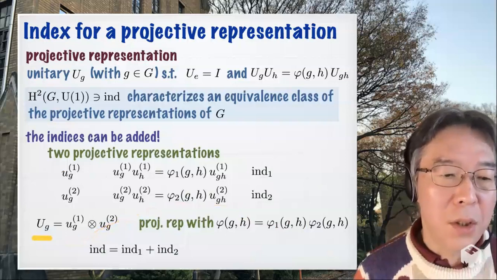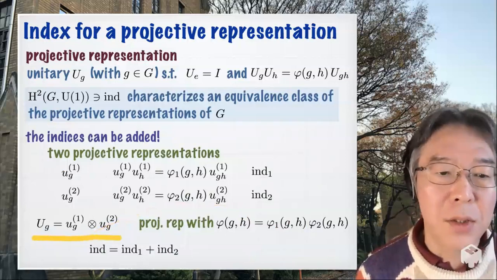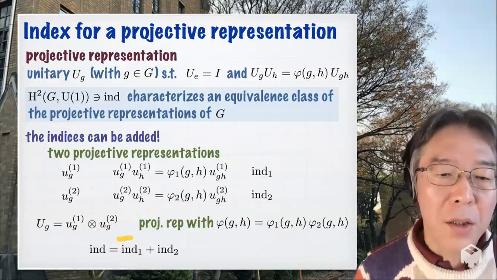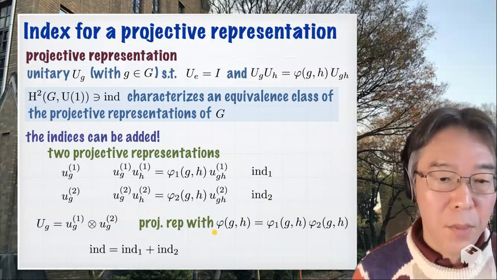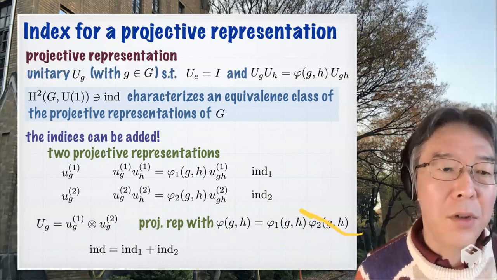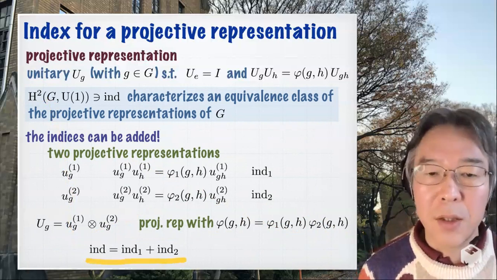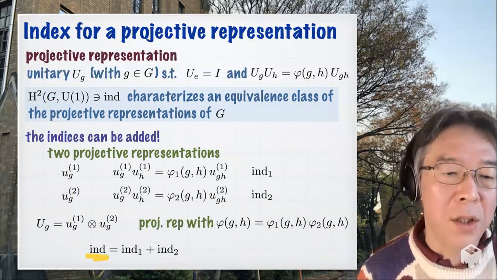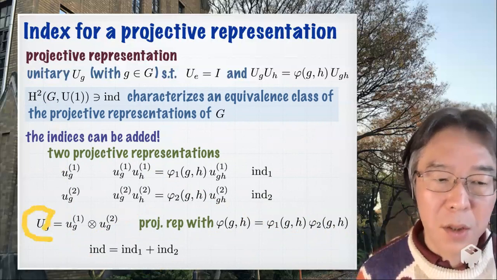Consider a new projective representation obtained as their tensor product. Of course, the new projective representation has this new phase factor. I want to regard this H2 as an additive group, so this means that indices can be added. This ind is the index for the new projective representation.